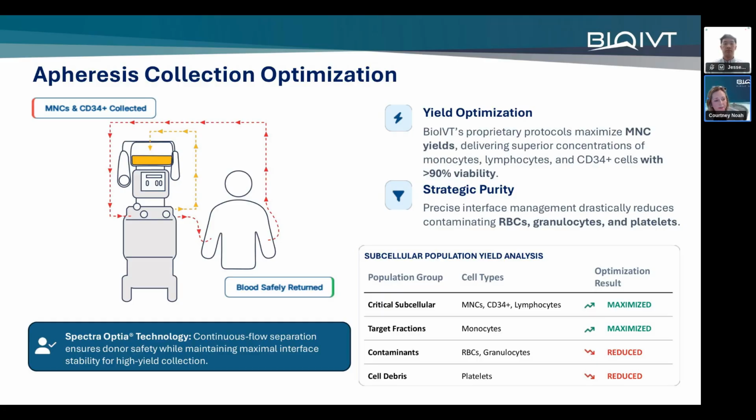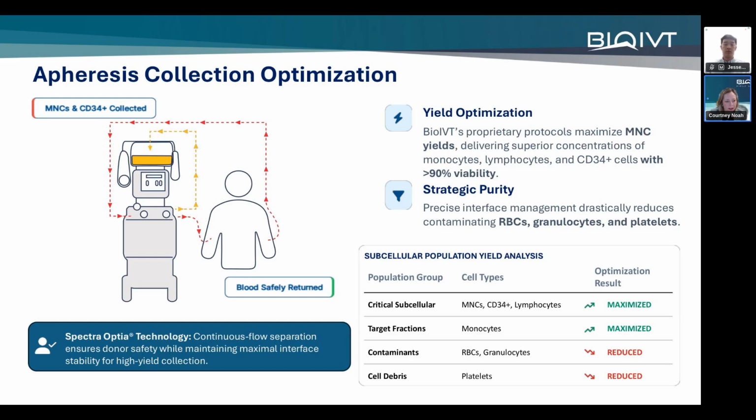For example, we work closely with Terumo, who over the years has been helping us analyze the data on our instrumentation and walk away with more optimized units. So it's a continually evolving process. It certainly benefits BioIVT and the quality of our products, and it also benefits our clients because of the information that we have and our understanding of how that works and how to optimize it.